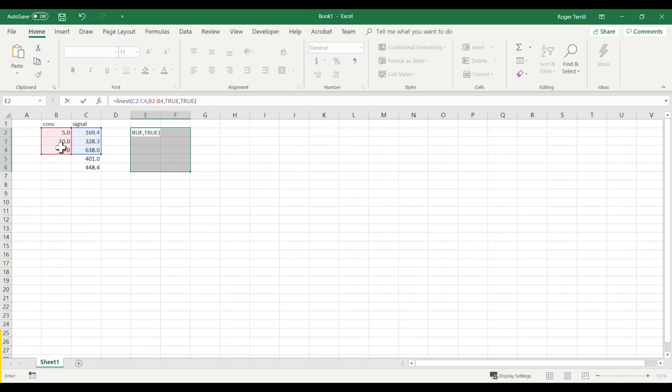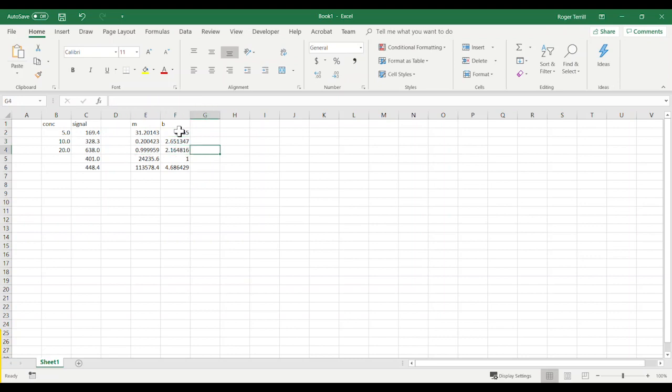Close the parentheses and type Shift Control Enter, and there we have it. This is the slope. This is the intercept. These are the uncertainties in those values, and then this is an important value called SY that we're going to use later.